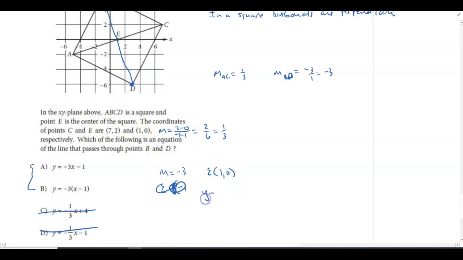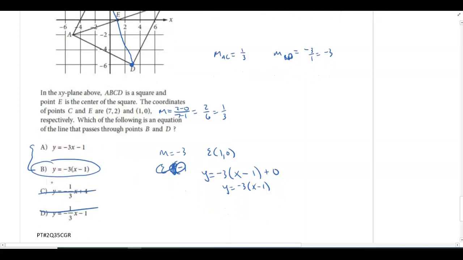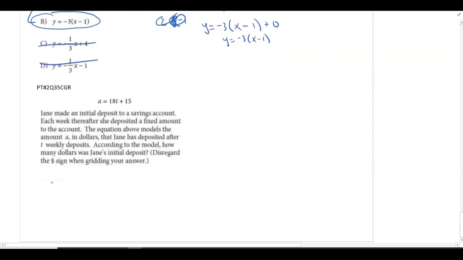So right away, y equals negative 3 times x minus x1 plus y1. And right away, that just ends up being choice B. Okay, so that is kind of like the point-slope form that they're giving you.